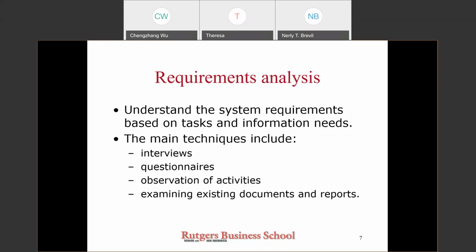But observation can be extremely time consuming and it is an expensive technique. In addition, people tend to act differently when they know that they are being observed. So, what we observe may not accurately reflect the reality.